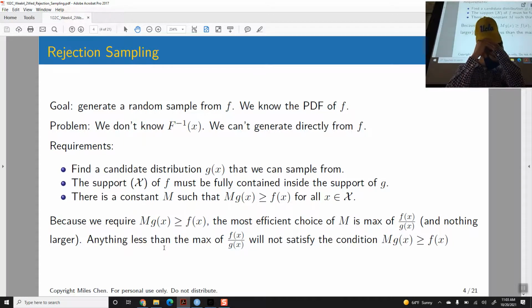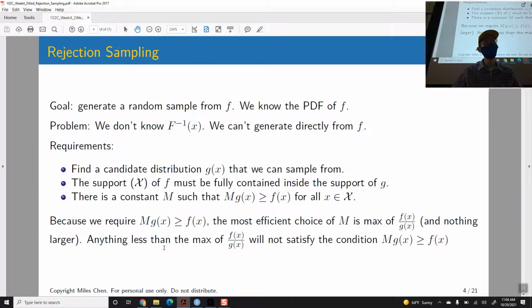Rejection sampling won't work in situations where, say, you have the t distribution versus the normal distribution. If your target distribution is the t distribution, trying to generate samples from the normal distribution won't work, even though they technically have the same support.